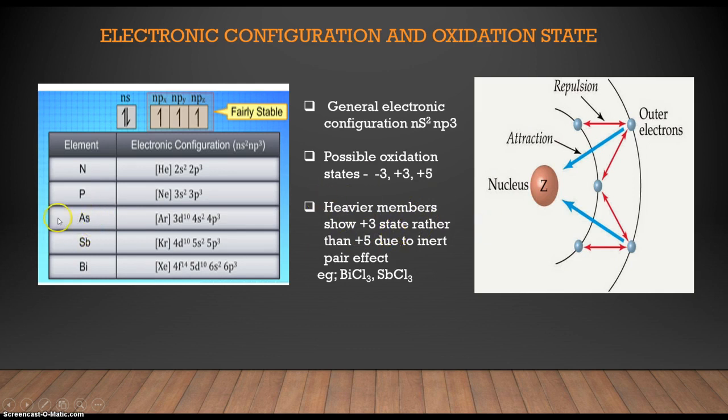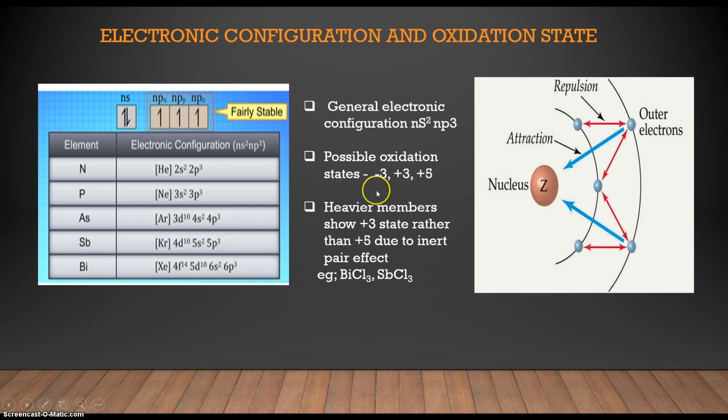In the electronic configuration of arsenic, antimony and bismuth, you can see that there are d electrons and f electrons present in the valence shell configuration of these elements. As we have already learned in class 11, d and f electrons have very poor screening power.